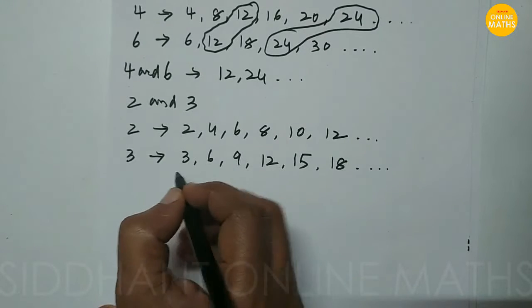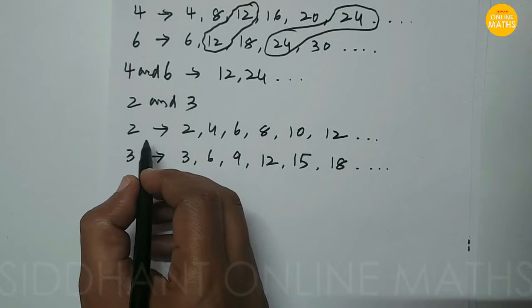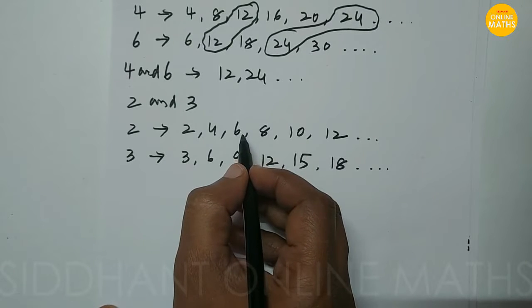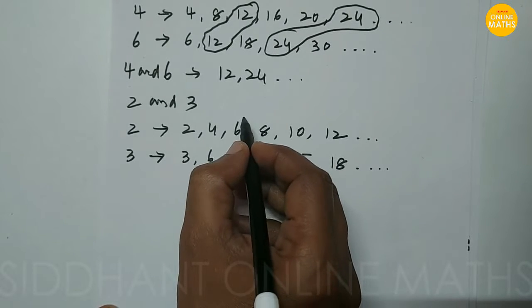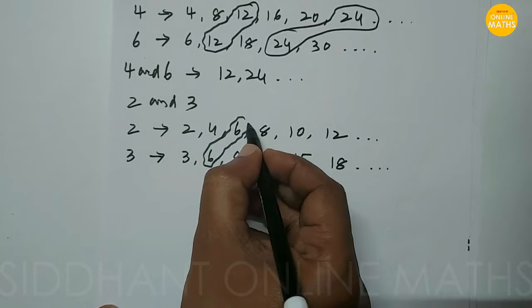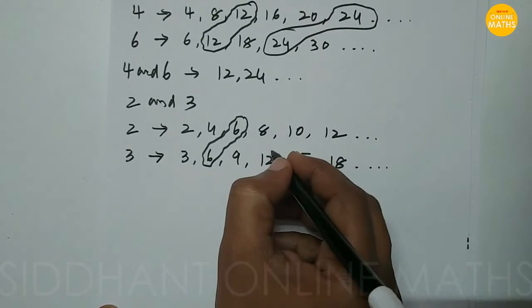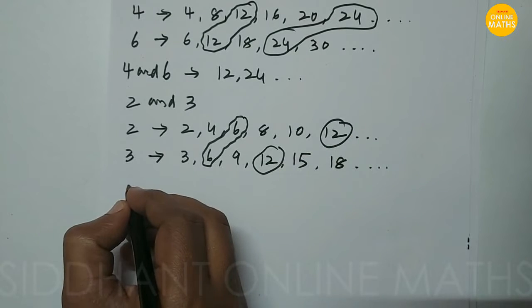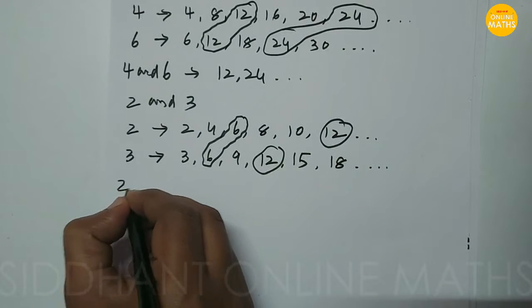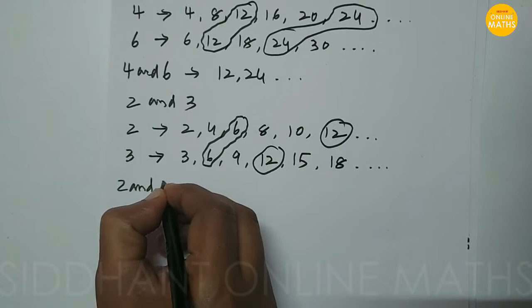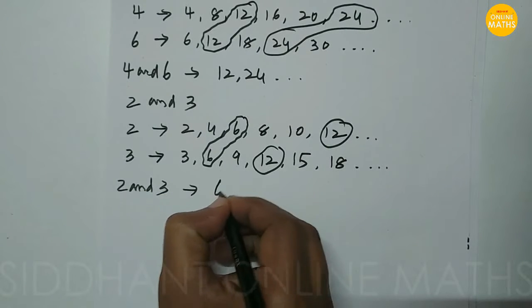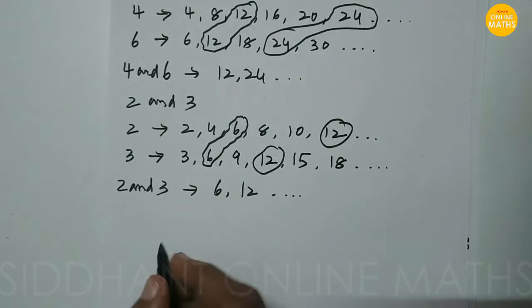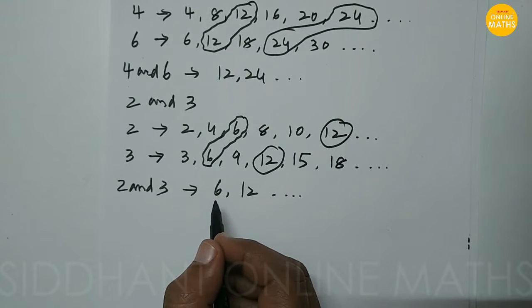Now when we talk about the common multiples of 2 and 3, we see which numbers are common. Here 6 is common, and another number, 12, is common. So we can say that the common multiples of 2 and 3 are 6, 12, and so on. So this is the meaning of common multiples.